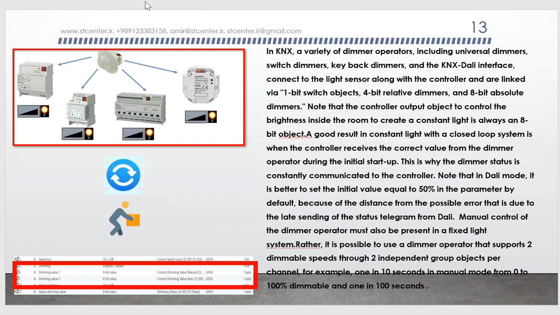When we talk about the actuators to control the light and provide dimming, we have many different actuators. Note that we need the right group object from each of them to make this constant light happen. We can have the dimmer actuators, the phase dimmer actuators. We can have the Dali gateway or Dali actuators.